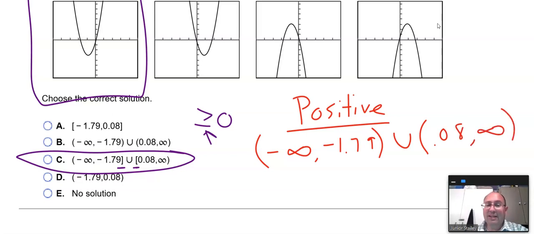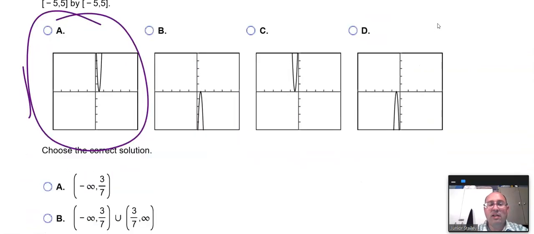So technically the answer to our question included 0 in that particular part. But if I was just asking you for a positive interval, it would not include the boundaries, because it was just what's above the x-axis, what's below the x-axis, that kind of thing. And just like the last example.